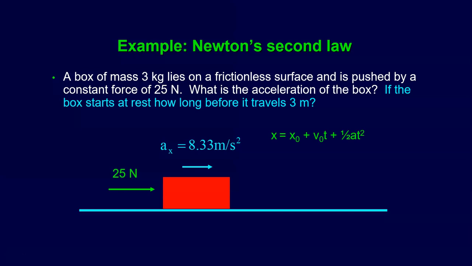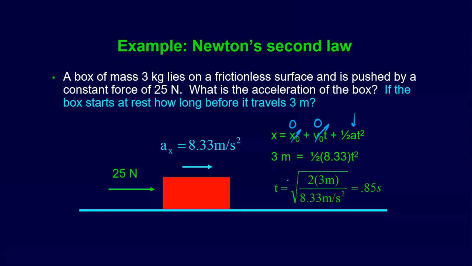In this case, we just use one of our kinematic constant acceleration equations. Let's say I call my initial position 0. It starts at rest, so the initial velocity is 0, so both these terms go away. We know the acceleration is 8.33, and so we plug in 3 meters, and when I did this, I got a time of 0.85 seconds.